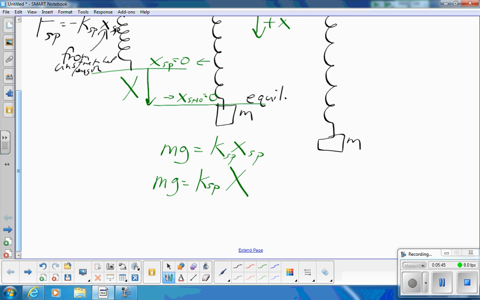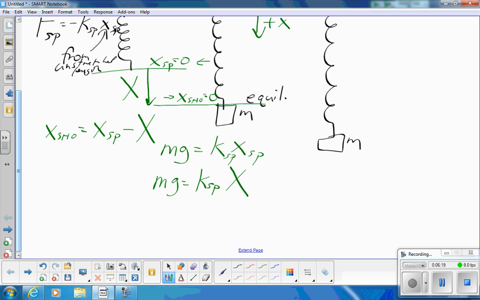And we can see here that they're related to each other because they differ by this value big X. And so basically, where x SHO is equal to 0, the value on the x SPA scale is big X. So I can relate these two to each other by saying that x SHO is x SPA minus big X. So let's make sure that that makes sense.